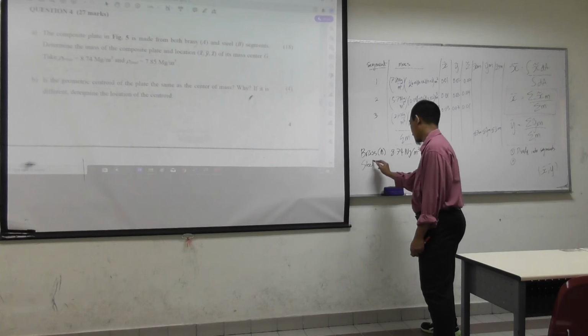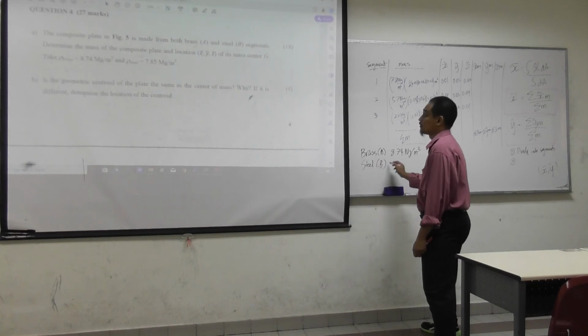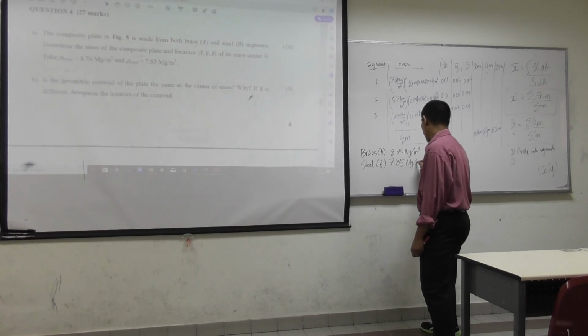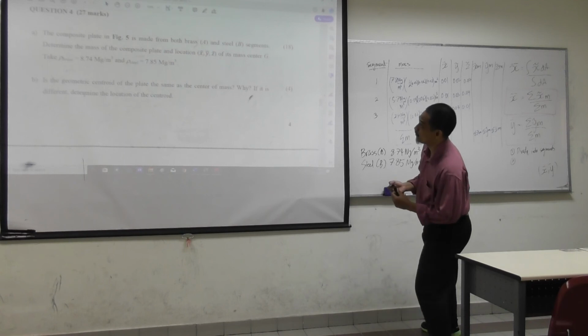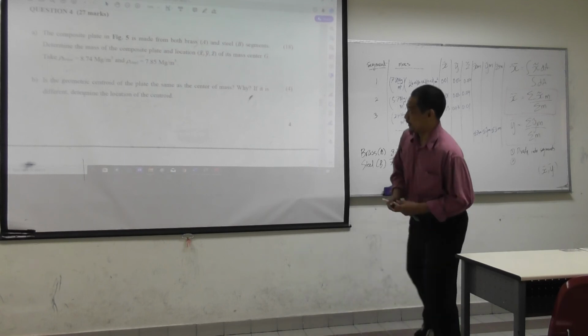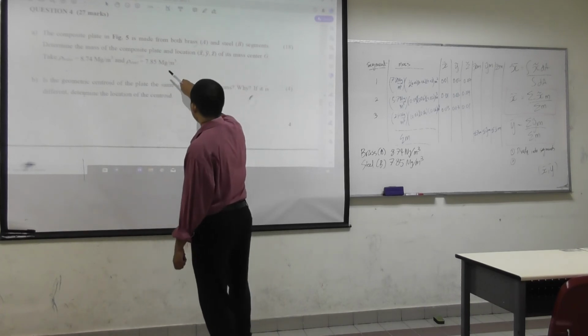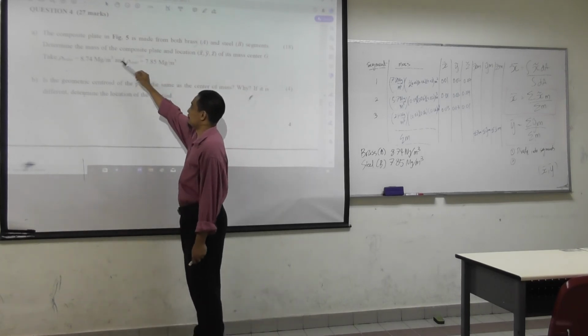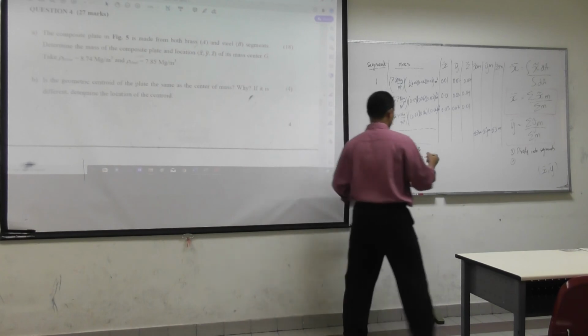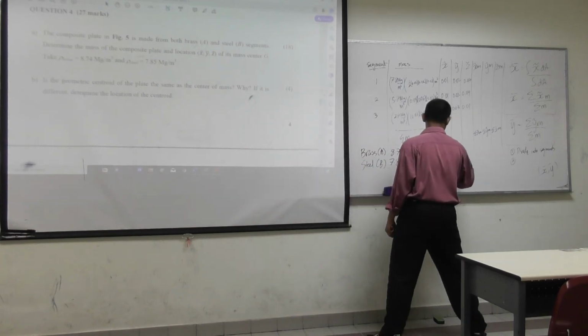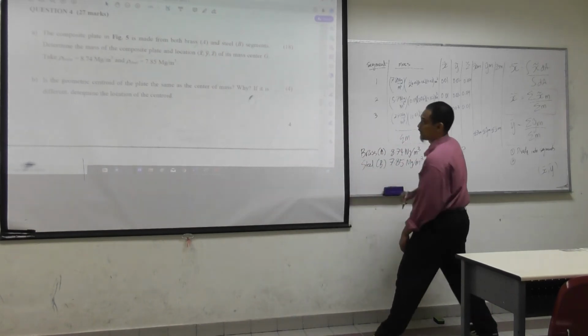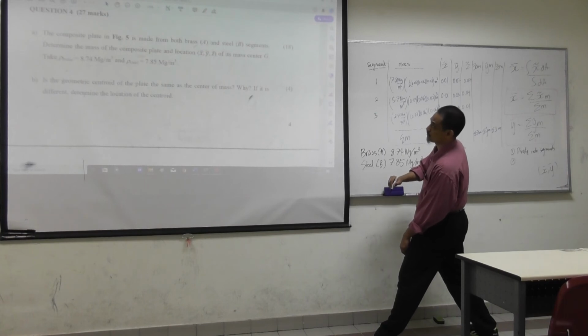Steel is 7.85 megagram per meter cube. Okay, and you need to determine two things. One is the mass, and one is the center of mass.